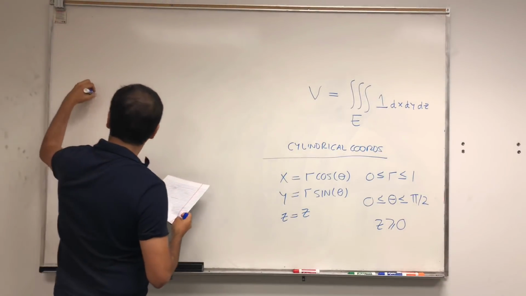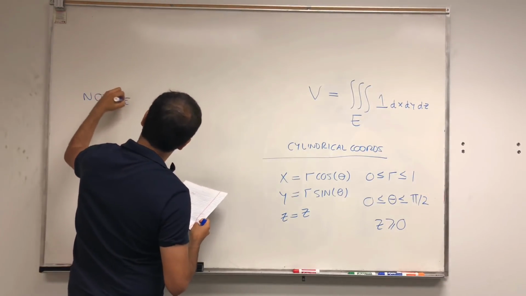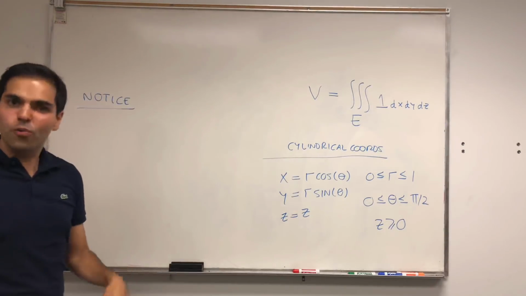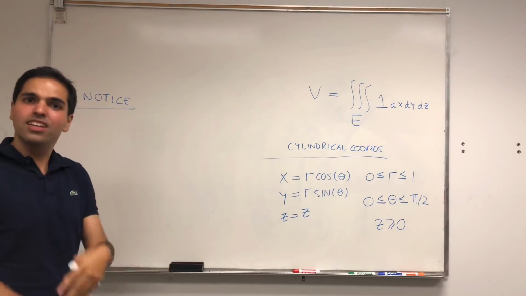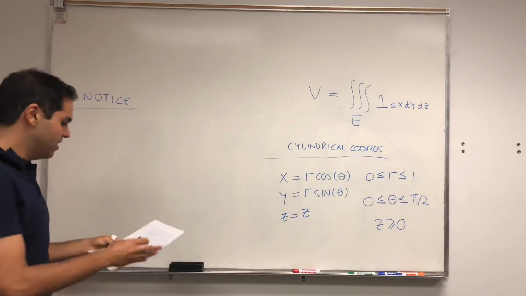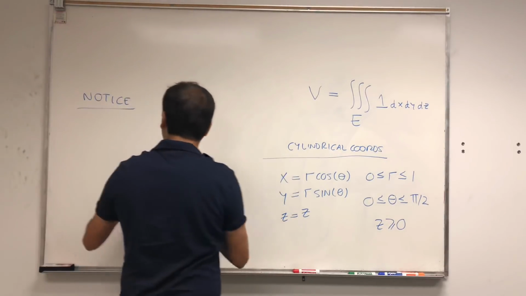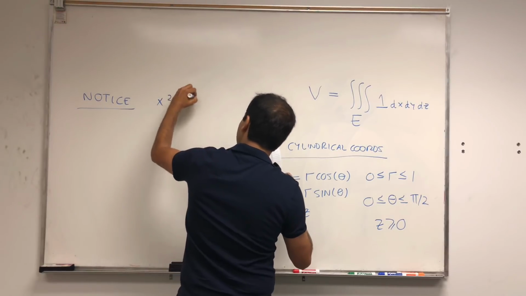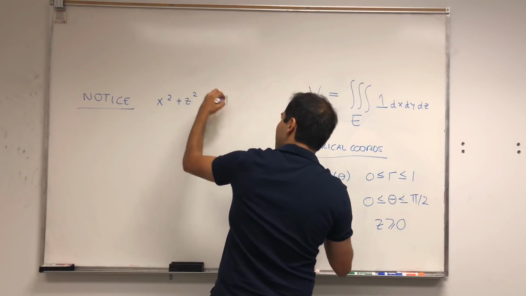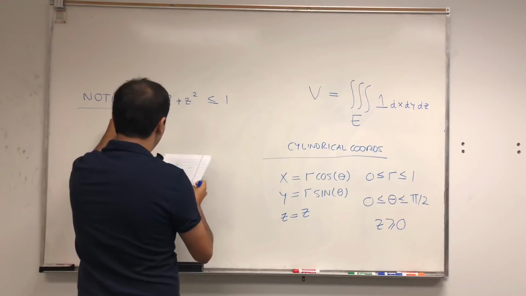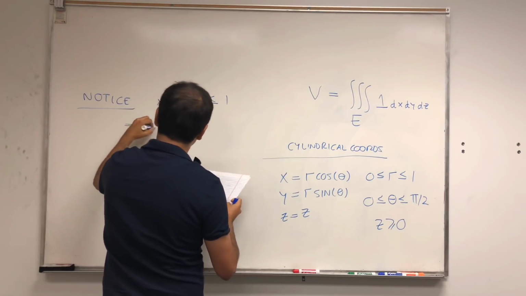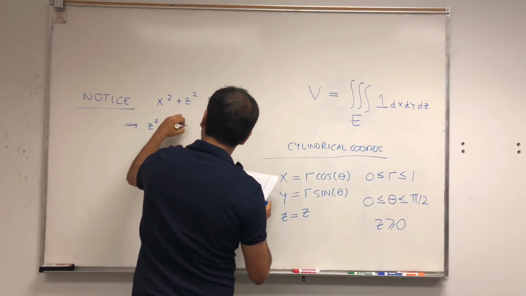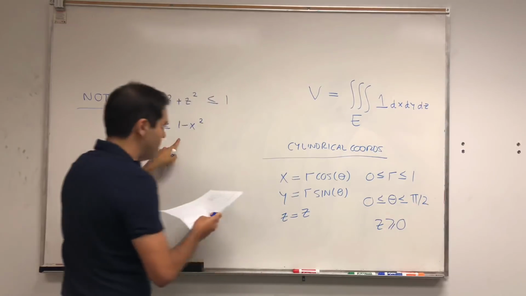For this, the nice thing is, even though we don't know what this looks like, we still have our equations. So in particular, suppose you're inside the cylinder x squared plus z squared equals 1. So x squared plus z squared is less than or equal to 1. That gives you that z squared is less than or equal to 1 minus x squared.